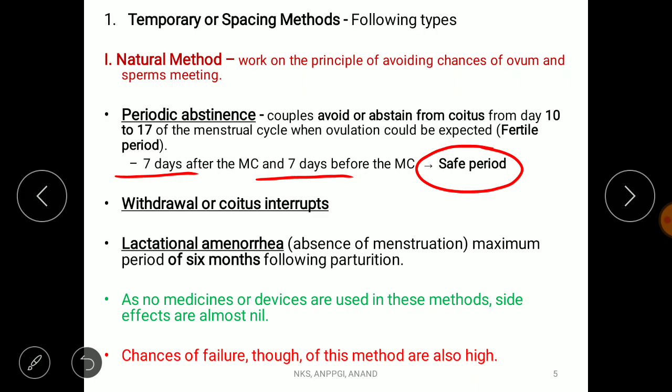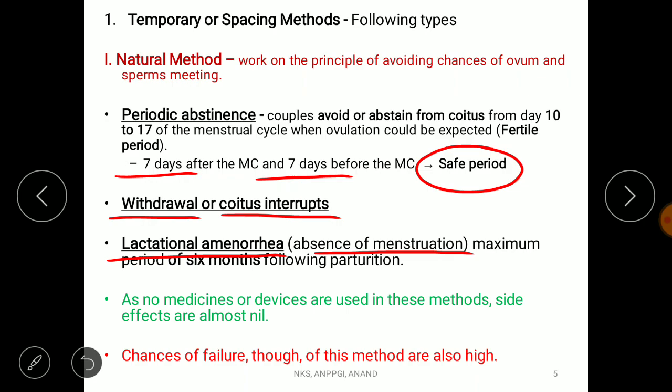The second method is withdrawal or coitus interruption. This method is nothing but the removal of the penis before the ejaculation of sperm into the vagina. Third is lactational amenorrhea. It is nothing but the absence of menstruation during the time of lactation by the mother, right?